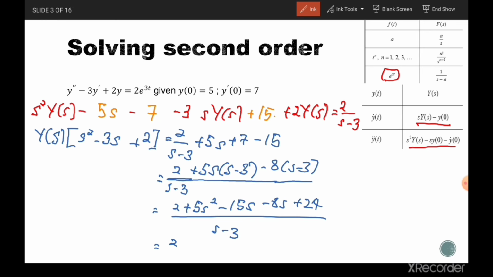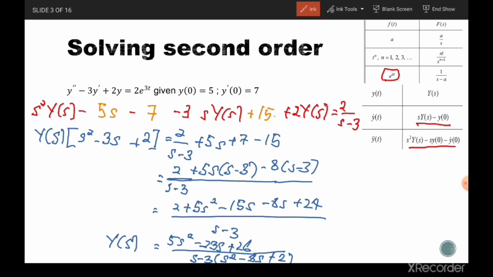Then we can simplify again. 5s squared, I bring at the left side, minus 23s plus 26 over s minus 3. Then I can bring the left hand side to the right side, so I just write it below here. So now I have determined the equation for Y(s).